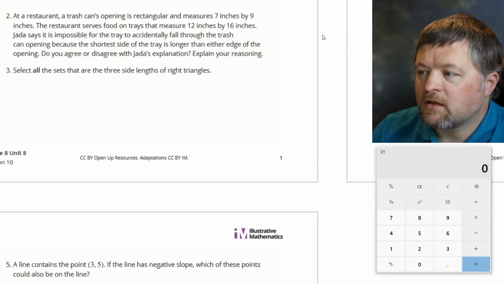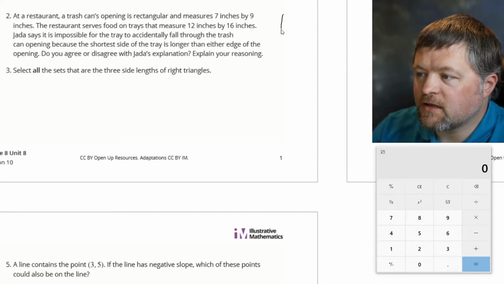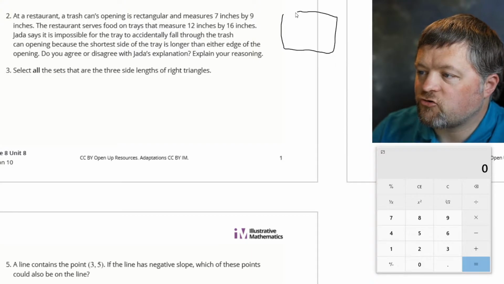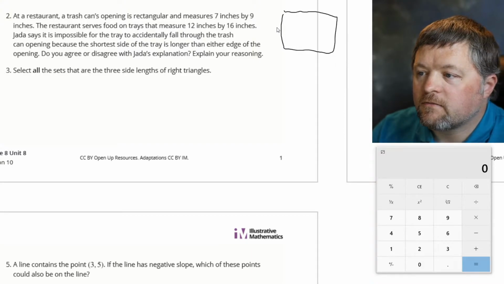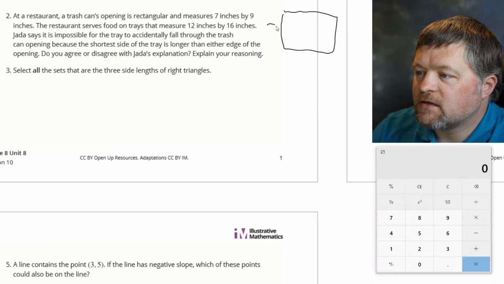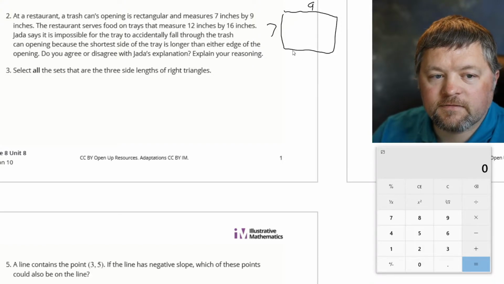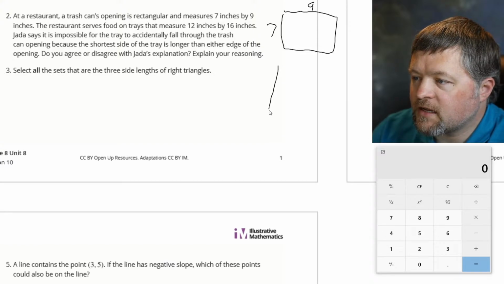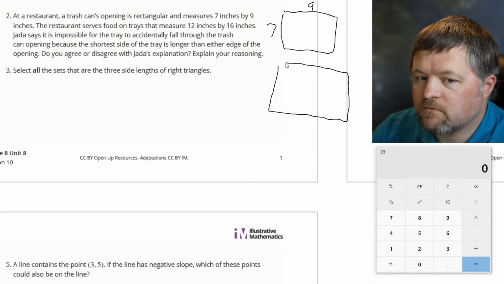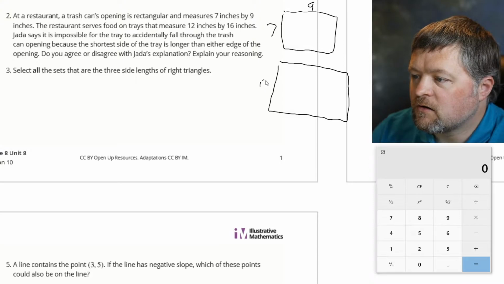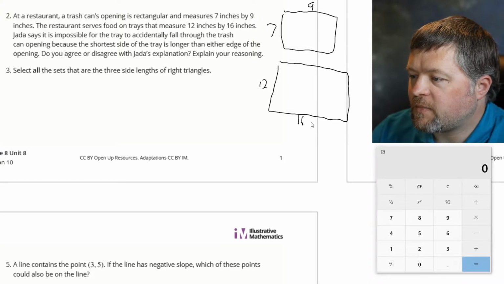So, let's think about what these would look like. If this is our trash can, it is 7 inches by 9 inches, and our trays are 12 by 16.